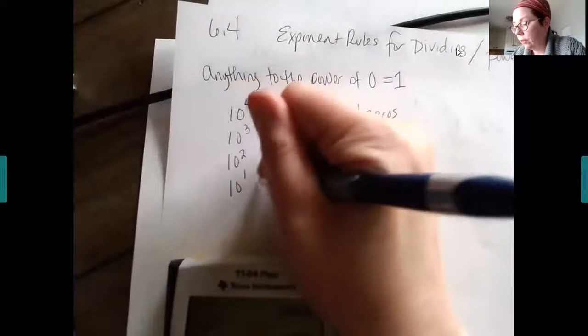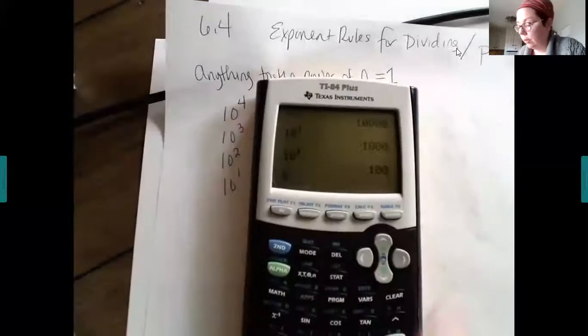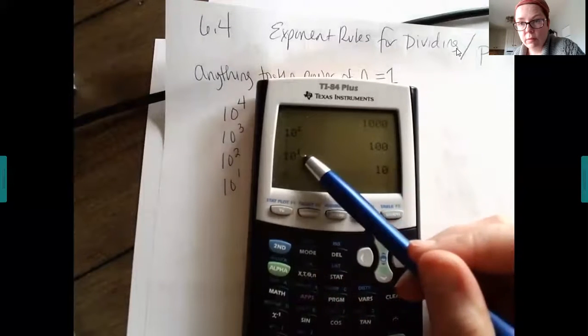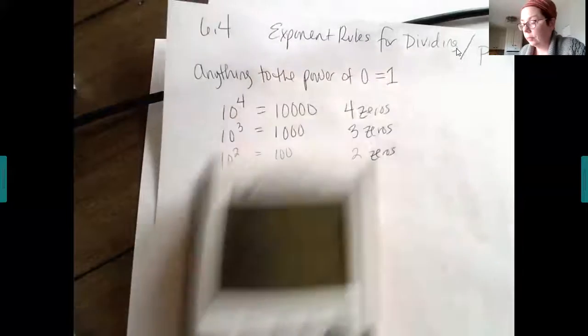If we have 10 to the 1st power, anything to the 1st power is just itself. So 10 to the 1st power, we have 1, 0, right?